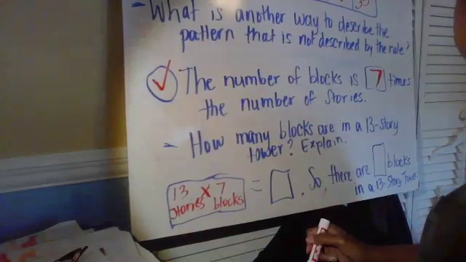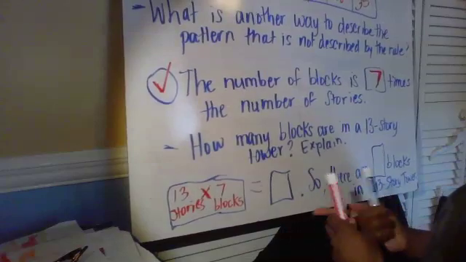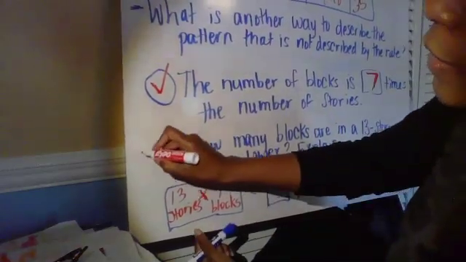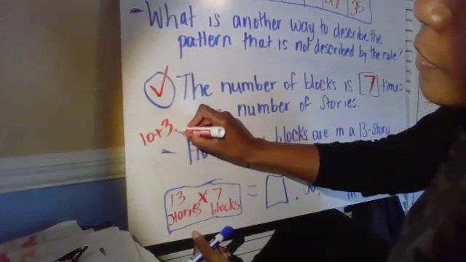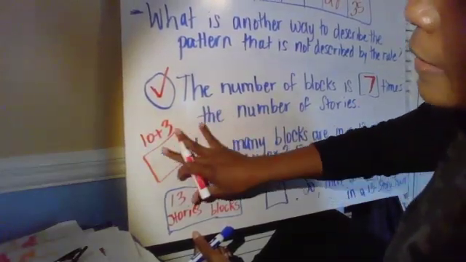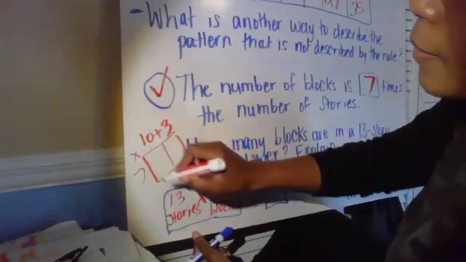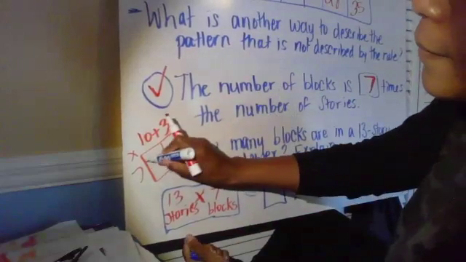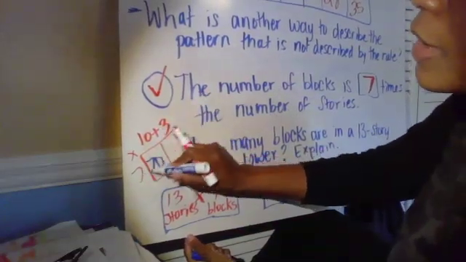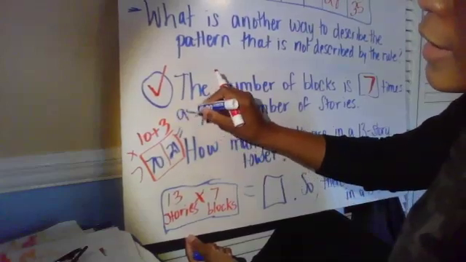Since I am running out of space, I'm going to do my answer over here. I have my area model because that's a bit easier for me to multiply by 7. So 7 times 10 is 70. 3 times 7 is 21. If I add those things together, I get 91.